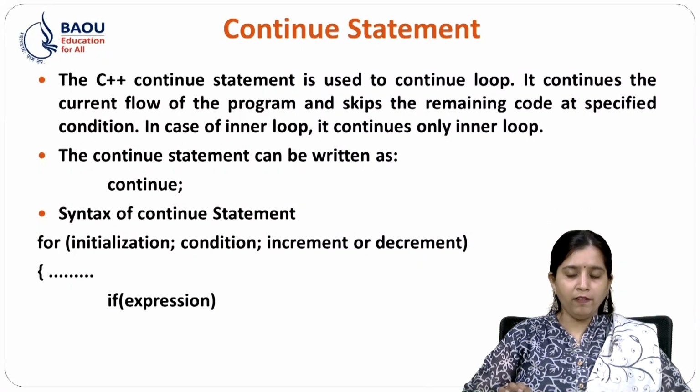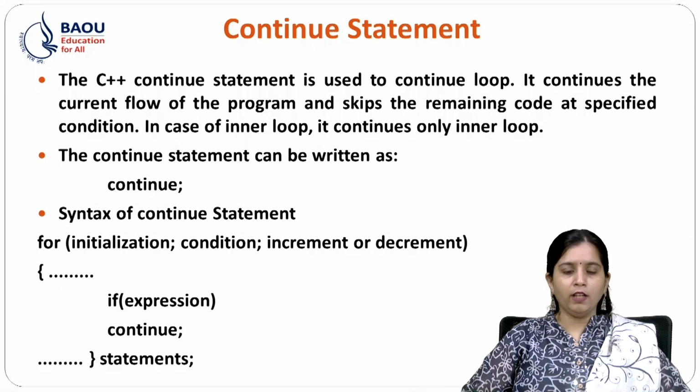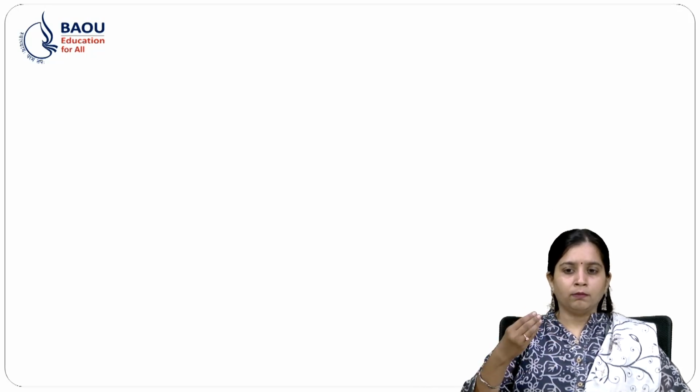After that, if the expression is true, then that part will be skipped and the other part of the loop will be executed. Let's see a simple continue statement example first, and then we will discuss that program.